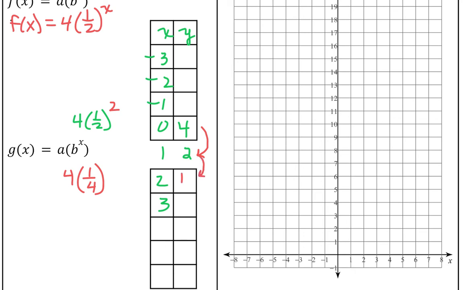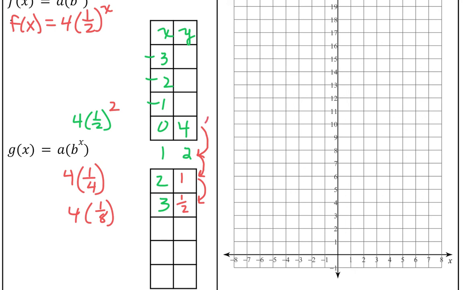What's happening each time our x changes? If x is 3, that's 4 times 1/2 to the third, which is 1/8. 1/8 of 4, that's 1/2. So again, that continued pattern, right? Everything is getting cut in half as the x gets bigger.